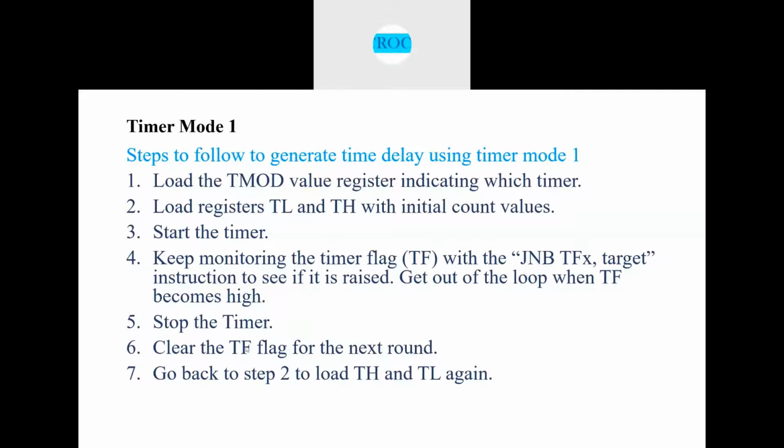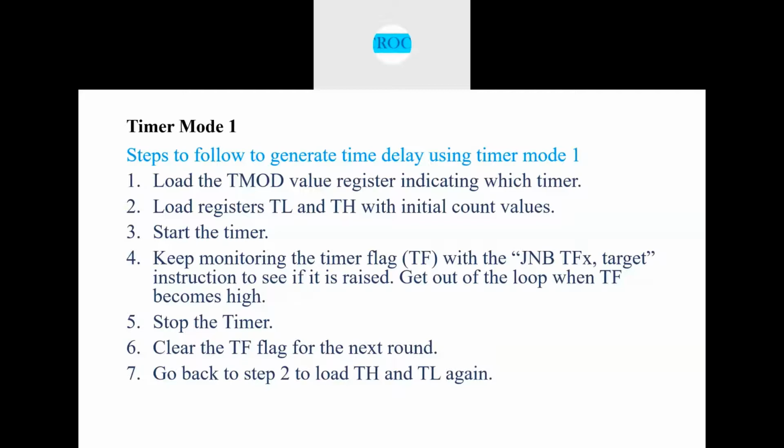After that, what do you do? You stop the timer. How do you stop the timer? You use the clear instruction, CLR TR0 or CLR TR1. Also, clear the TF flag for the next round.